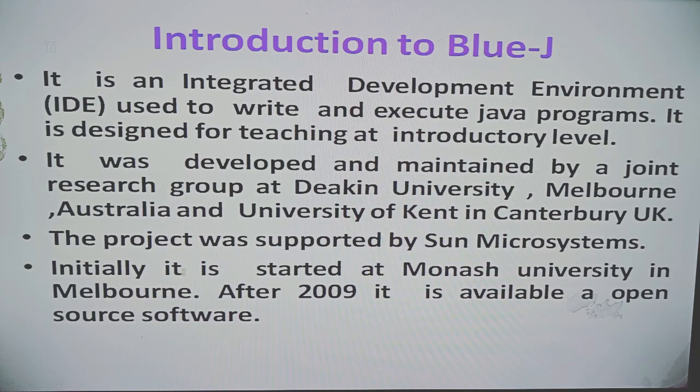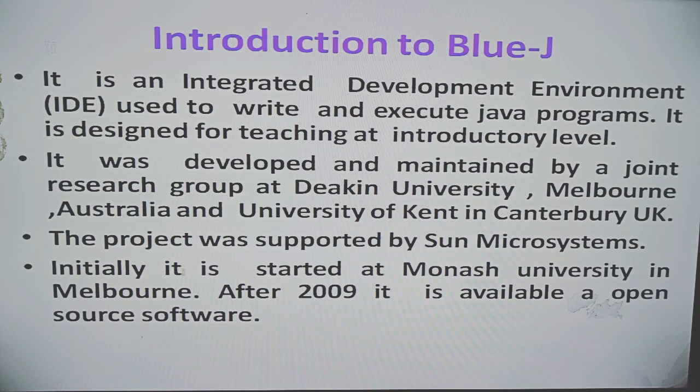The project was supported by Sun Microsystems, because at that time Java was a product of Sun Microsystems, and initially it started at Monash University in Melbourne. After 2009, it became available as open source software.